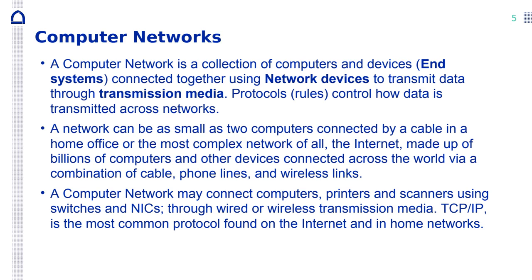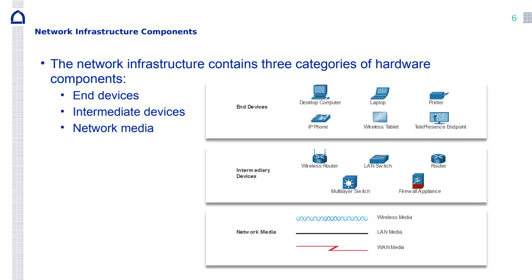Okay, the protocols are used to control how the data will flow in the network. The network can be small or large. It can connect computers, printers. These are the type of infrastructure network, the network infrastructure.